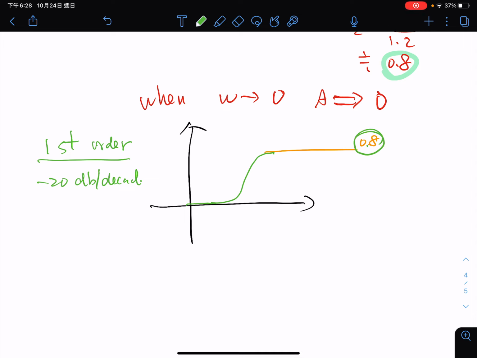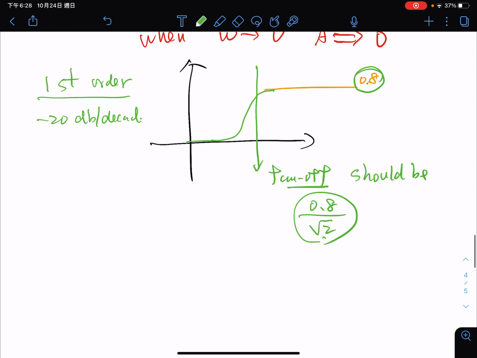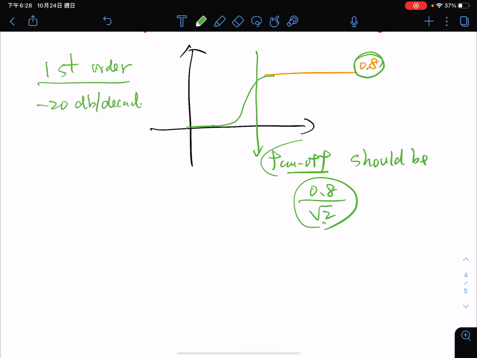So the point of the cutoff frequency should be 0.8 divided by square root of 2. Okay, so I will let you calculate the frequency omega. So please, you can find it here.